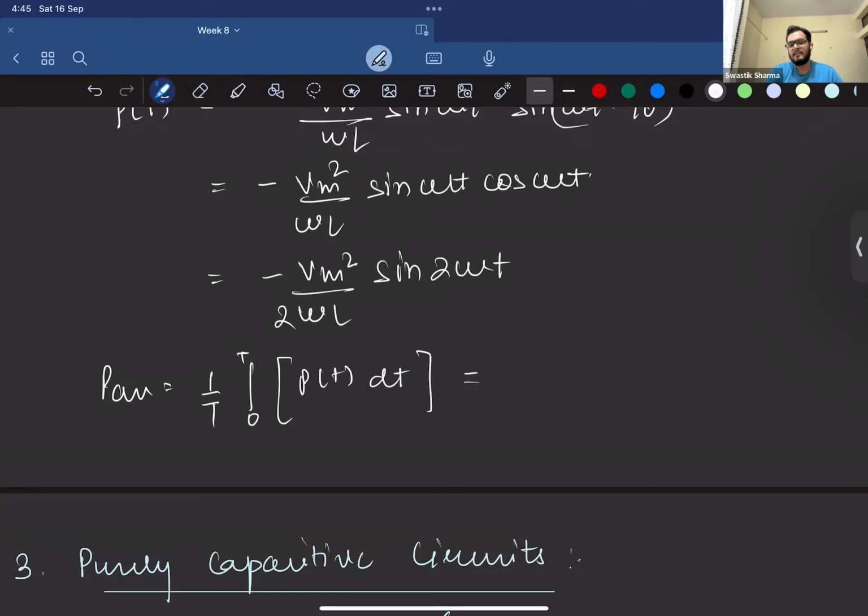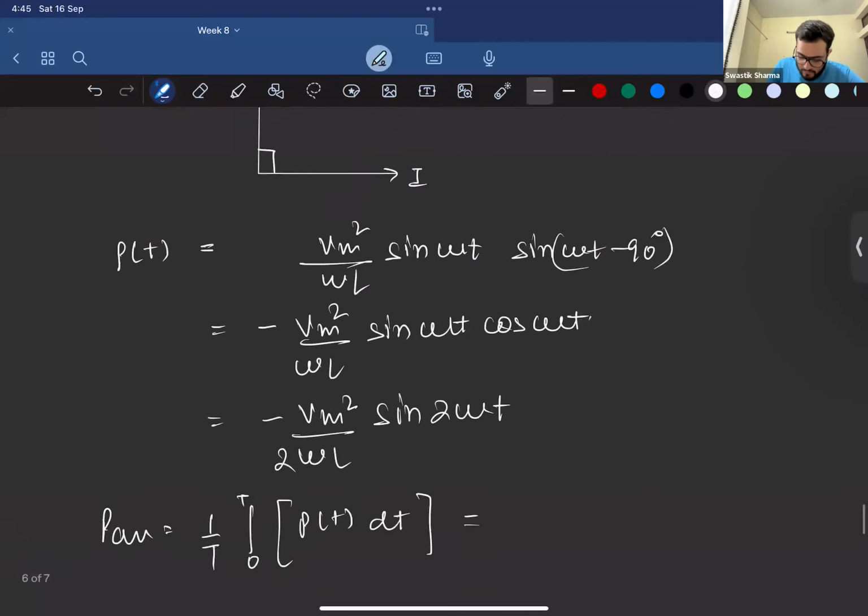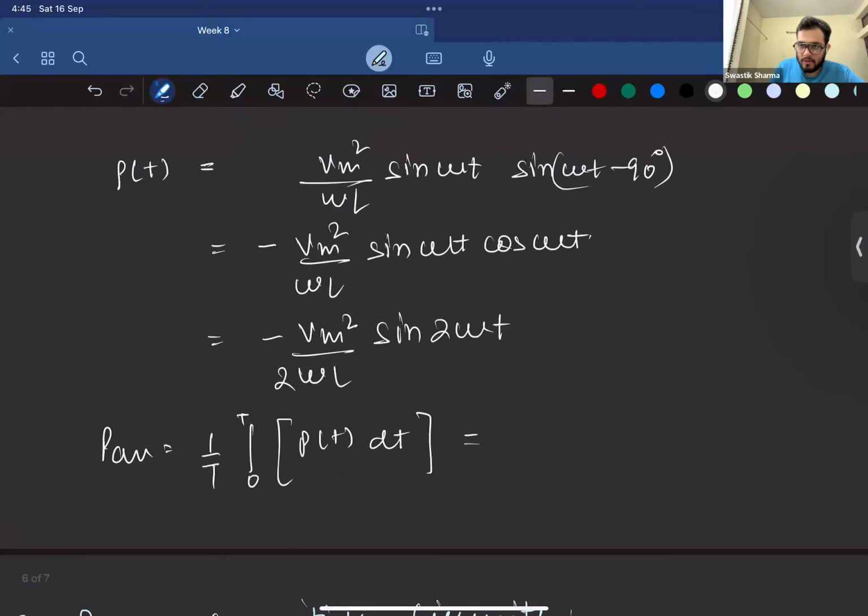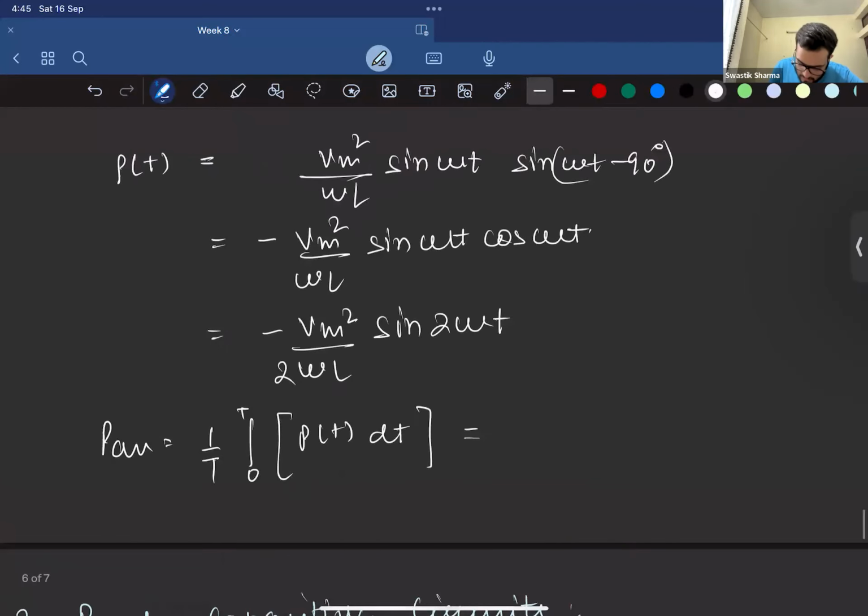If you solve, since it's sine 2 omega t, under the range of 0 to pi, it's going to be 0, right? So the average power is going to be 0.